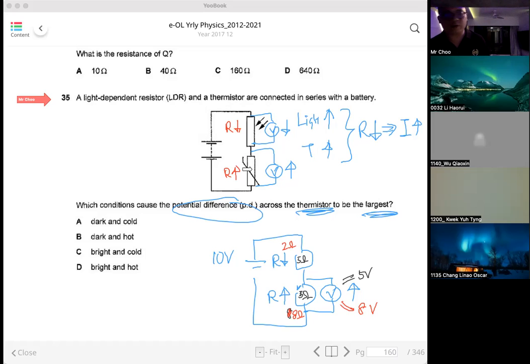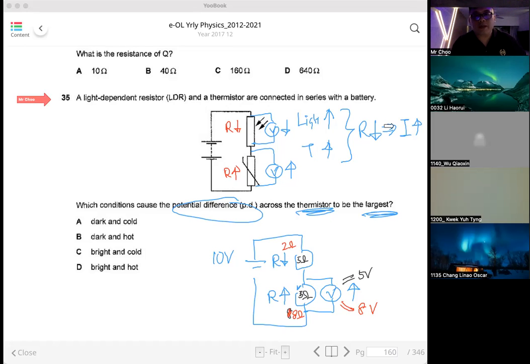Okay, Pei Kwan, correct now. Yiting, correct now. Xiao Xing still incorrect. Ryan still incorrect.